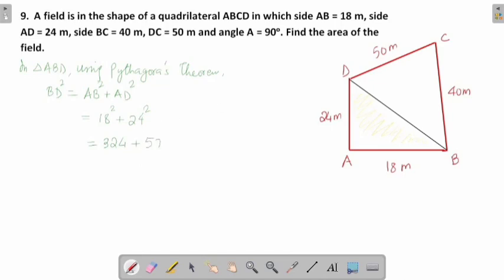Add them up, you get 900. So BD square is 900. Therefore BD is equal to square root of 900, which is exactly 30. So BD is exactly 30 meter. I don't have space here, you may pause the video and note down till here.